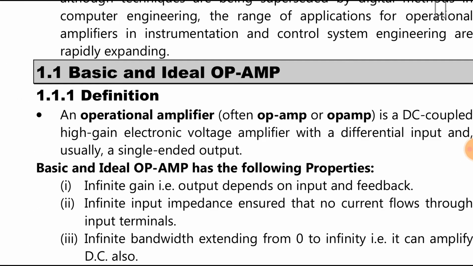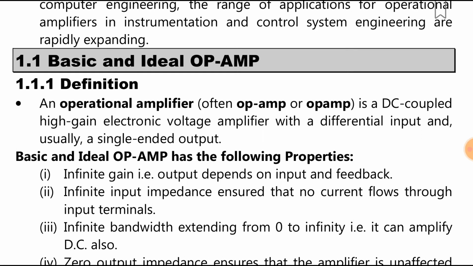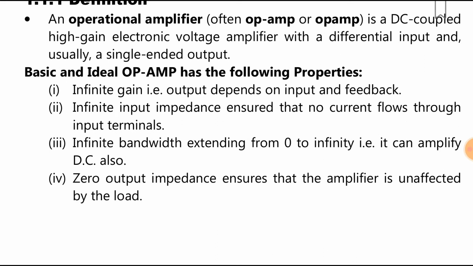Now, what is a basic and ideal op-amp? The op-amp is a DC coupled high gain electronic voltage amplifier with a differential input and usually a single-ended output. So, what are the properties of an op-amp? A basic and ideal op-amp has infinite gain, so the output depends on the input and the feedback.